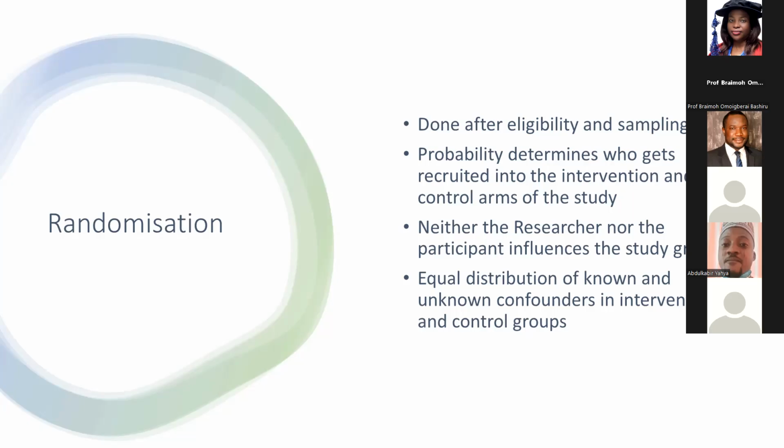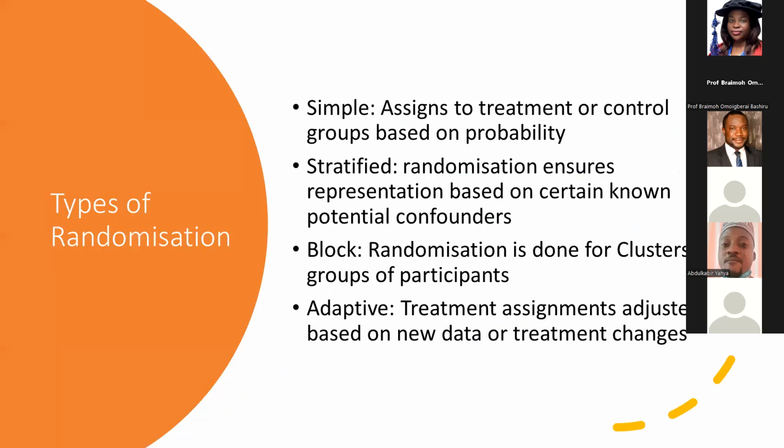When we look at blinding later, you'll see that you are not even supposed to know whether group 1 is intervention or control. You just know there's group 1, there's group 2. The participant doesn't know either, but we'll talk about that in a while. So that is randomization. It is probability that decides who goes in. And the beautiful thing about randomization is that you have an equal distribution of known and unknown confounders.